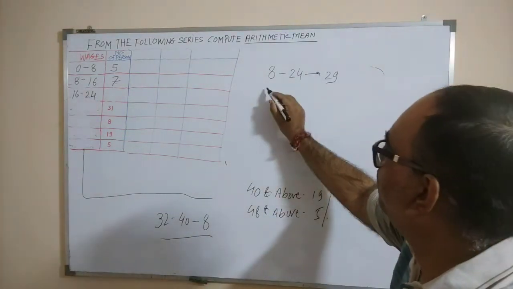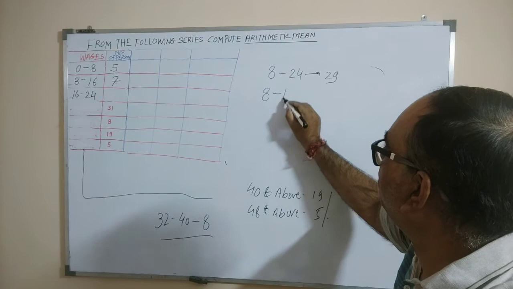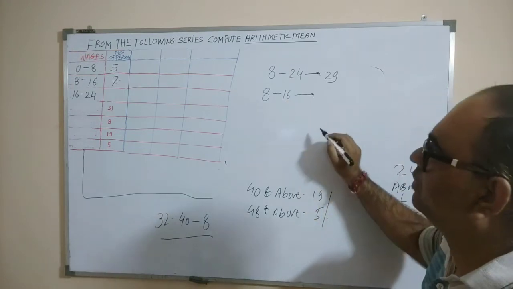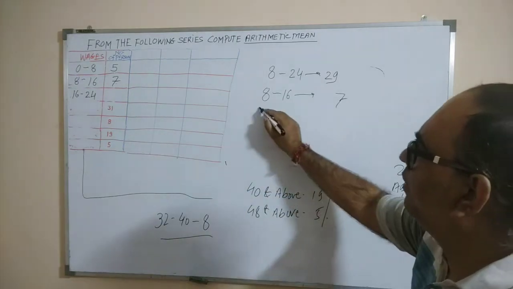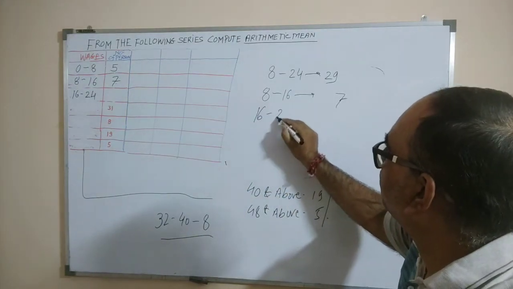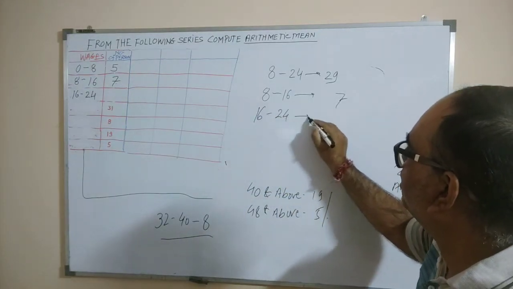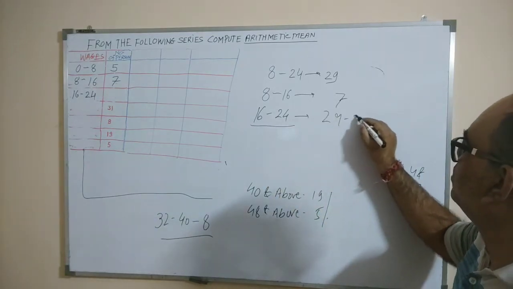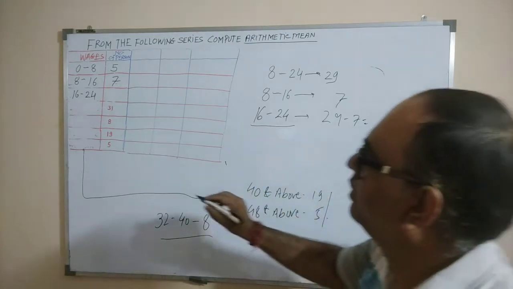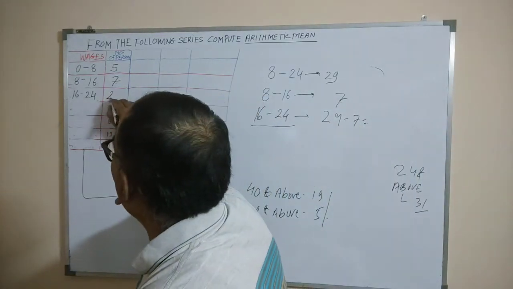And we just computed that 8 to 16 rupee wages is given to 7%. With the help of these two values, we can calculate the number of persons who are getting wages between 16 to 24, which is 29 minus 7, and it comes to 22.